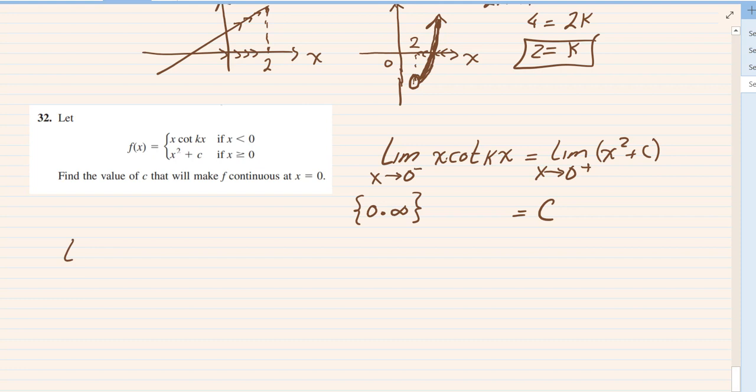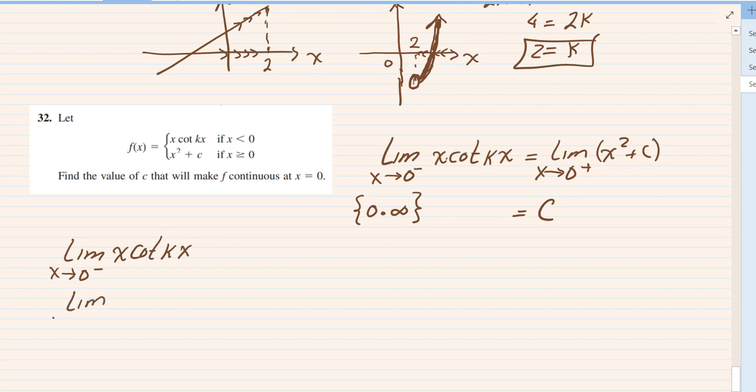So let's take a closer look at the limit of x cotangent of kx as x approaches 0 from the left. Now cotangent is the ratio of cosine to sine, right?